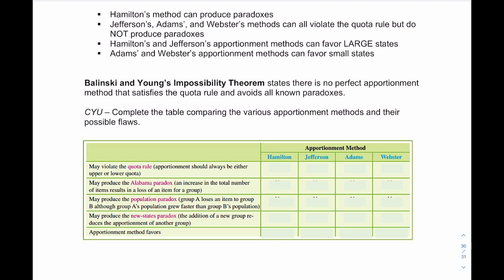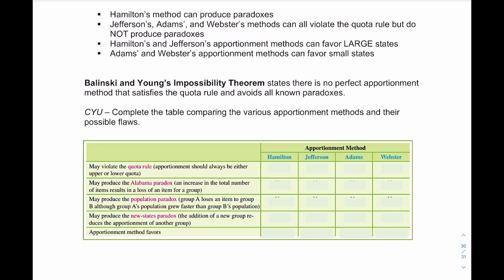Just as there was no perfect voting method, there's no perfect apportionment method either, because even though Hamilton's doesn't violate the quota rule, there are paradoxes. And the other three violate the quota rule.